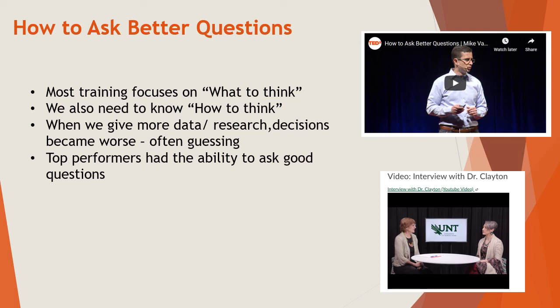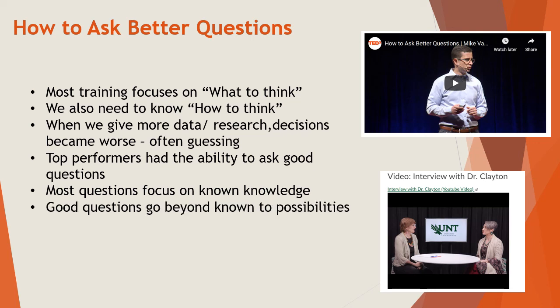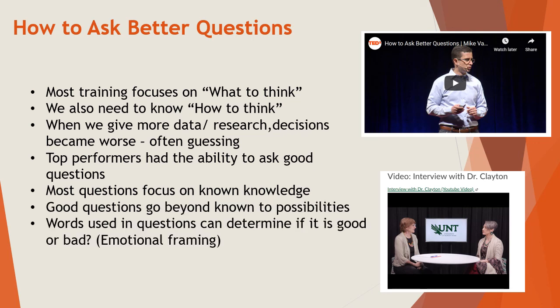And he talked about how they asked good questions, and that while most questions focus on known knowledge, good questions go beyond what is known to what is possible, and that also the words that are used can determine if it's a good or bad question, and that the emotional framing that we use with the question can either limit us or it can help us to expand our knowledge.